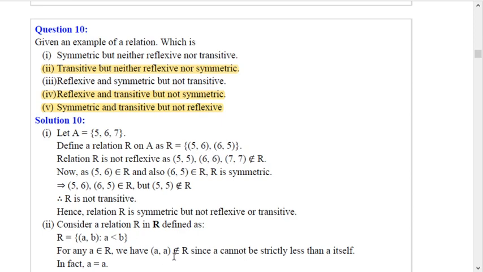This type of inequality is not existing. (a, a) belongs to R? Since a cannot be strictly less than itself, in fact a equals a, hence this is not reflexive.